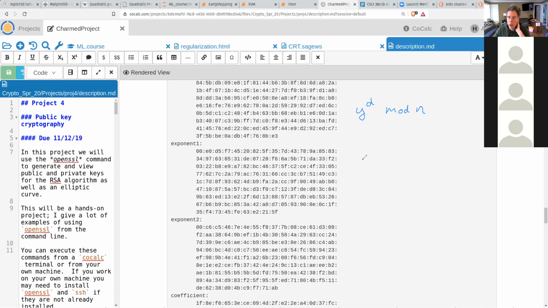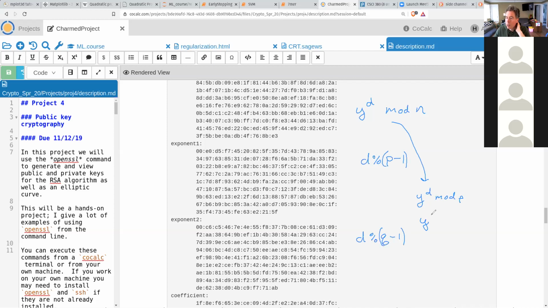Exponent 1 is d mod p, and exponent 2 is d mod q. The reason you have those is because when you split this using the Chinese remainder theorem, you want to solve y to the d mod p, but then the only thing that matters is, oh, sorry, I made a mistake here.